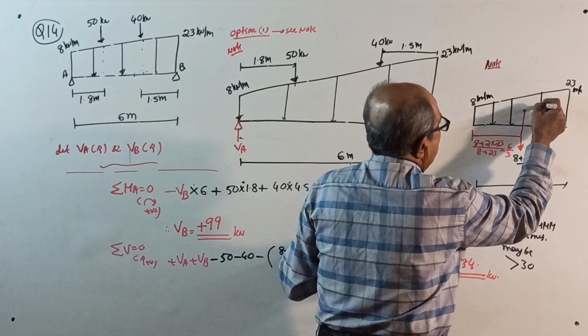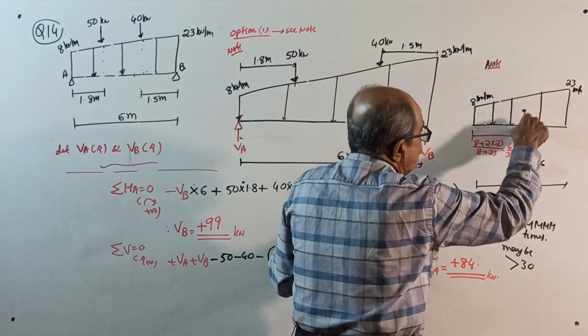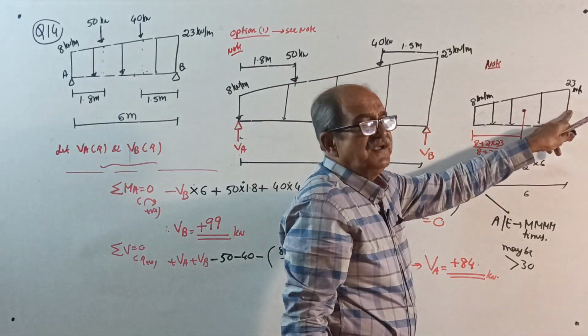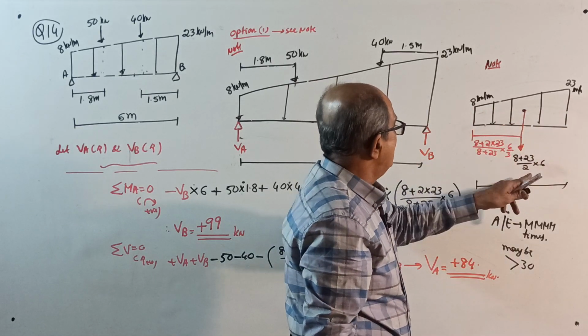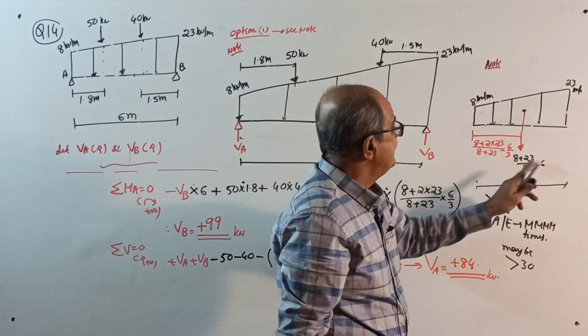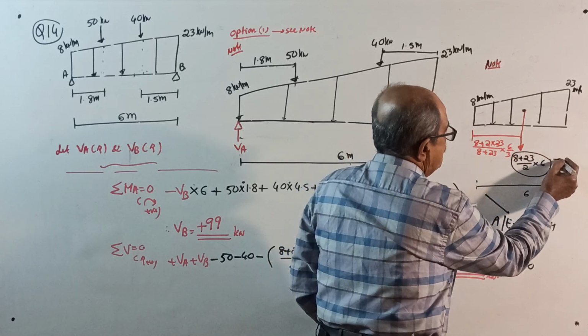If the load is like this, you know it, centroid will be slightly this side, total load equal to area of the trapezium, sum of the two parallel sides, 8 plus 23 divided by 2 into loaded length is 6. This is total load.